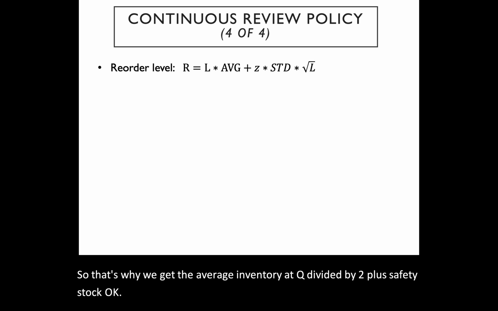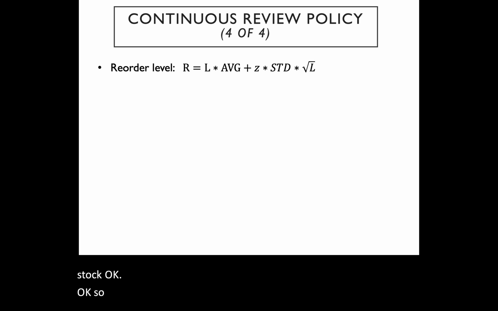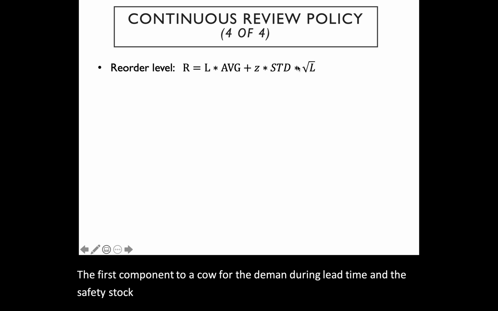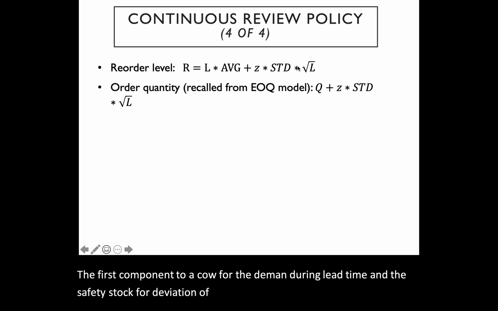Okay, so let's recall that here is the reorder level. Reorder level contains two components: the first component accounts for the demand during lead time, and the safety stock covers the deviation of demand during lead time.